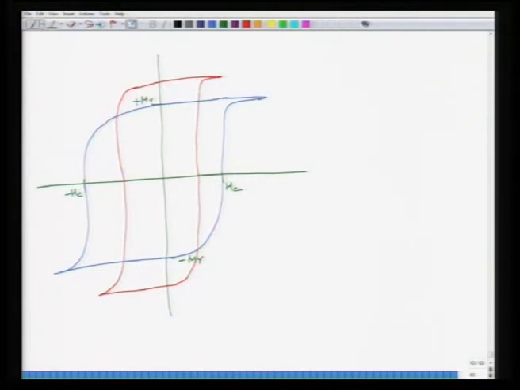Do not look at the magnitude of MR, that is just for the sake of illustration, but what is important here is that this Hc and this minus Hc are smaller than the green one.